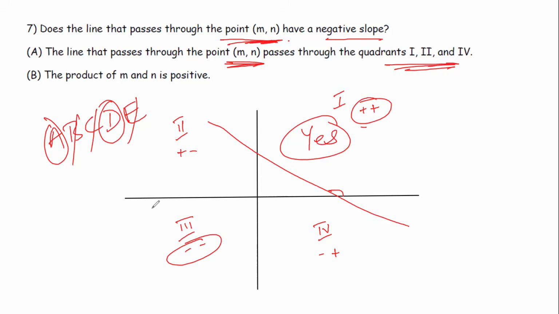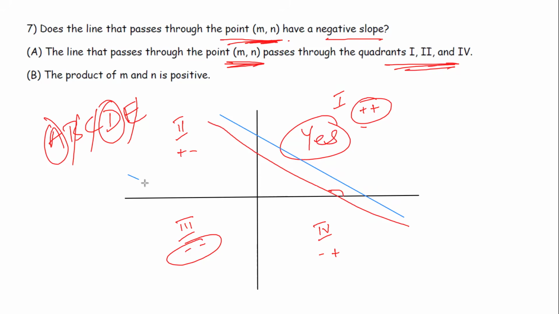All right. So if it's lying in the first quadrant, then we know that M and N are both positive. If it's lying in the third quadrant, then M and N are both negative. So if M and N are both negative, I'll use a blue color for the lines. One line that we can get is this same red color line, and we know that the slope is negative.